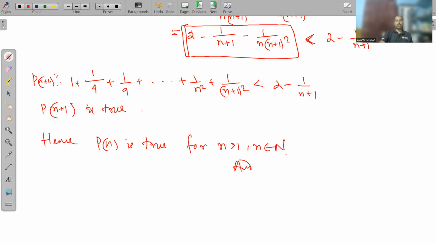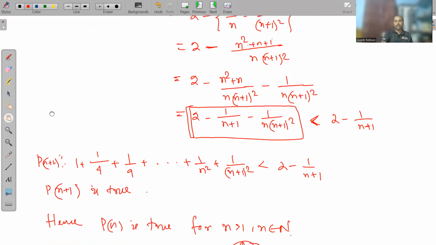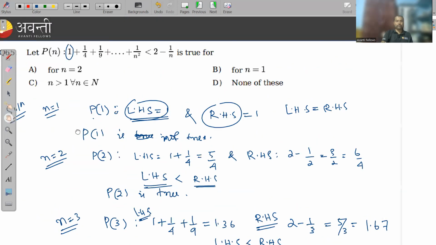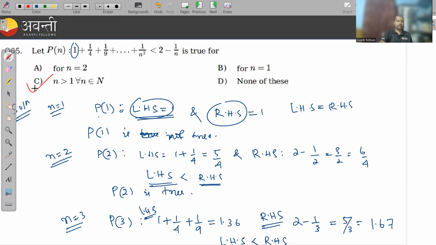So this is your answer. P of n is true for n greater than 1 when n belongs to the set of natural numbers, and option C is the correct answer. Option C is your correct answer.